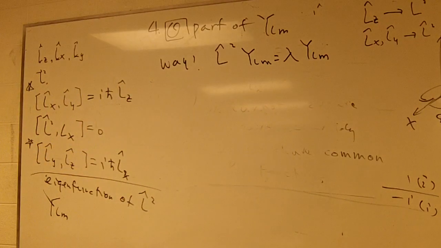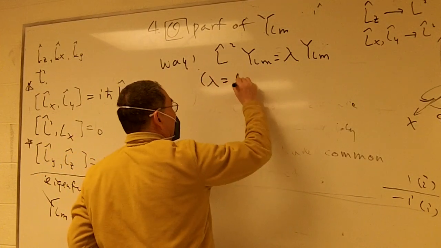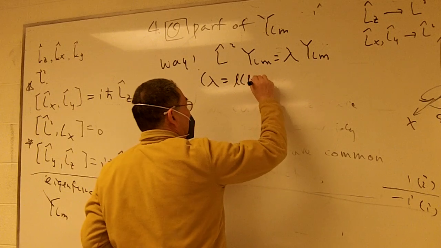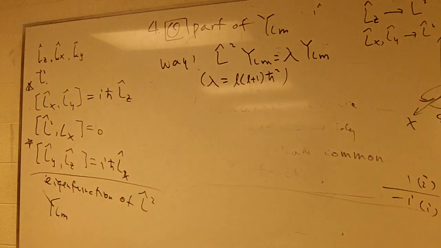This lambda we did not solve for the moment, but you will see in the future this lambda is going to equal l(l+1)ħ squared. But we have not proved it. We just showed you what the results would be.